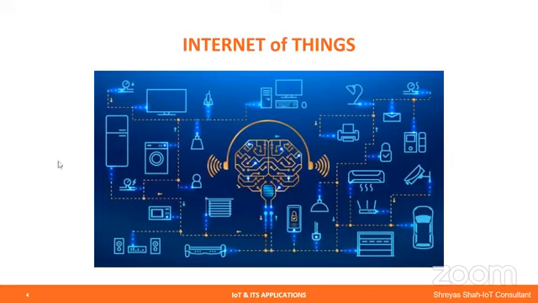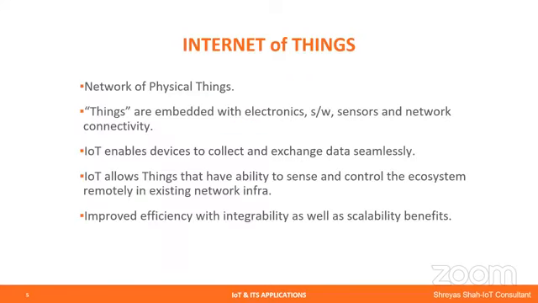So if a normal device gets connected, gets an interface of connectivity to the internet, as well as some abilities of smartness, like automating the features or ease or seamless use of a specific gadget for the human being, that turns into things. So let's see the paraphrased definition of Internet of Things.